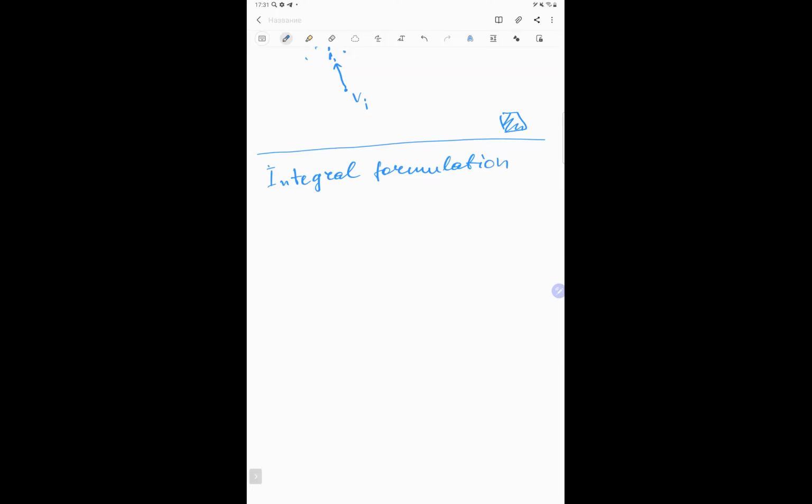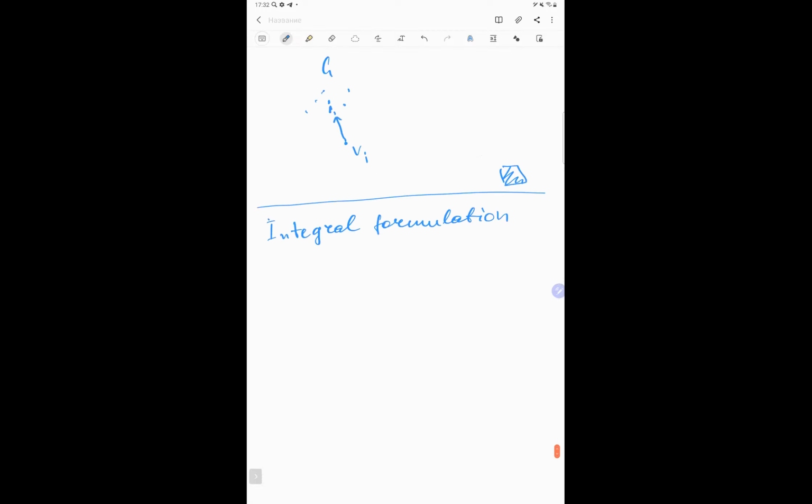So now we will give an integral formulation for the chromatic polynomial at negative integers.